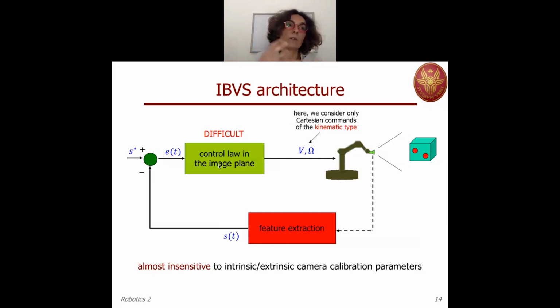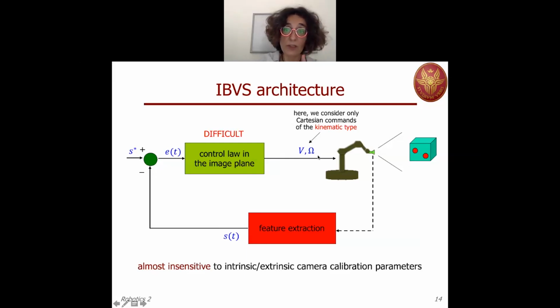So inside that, of course, we need to know the motion model of our robot, either kinematic or dynamic. Today we will consider essentially the kinematic model of the robot.